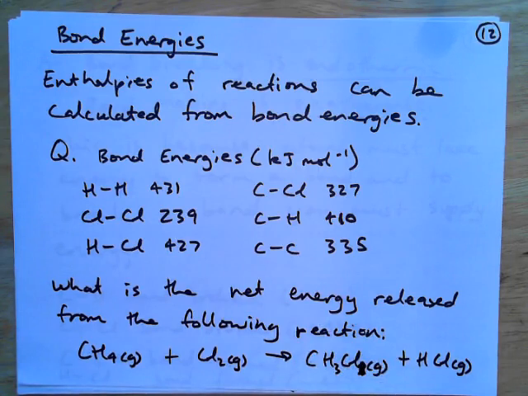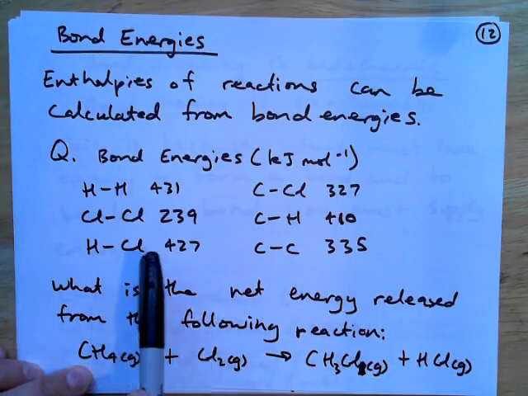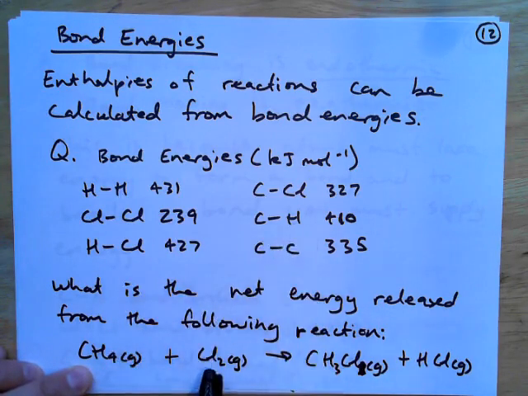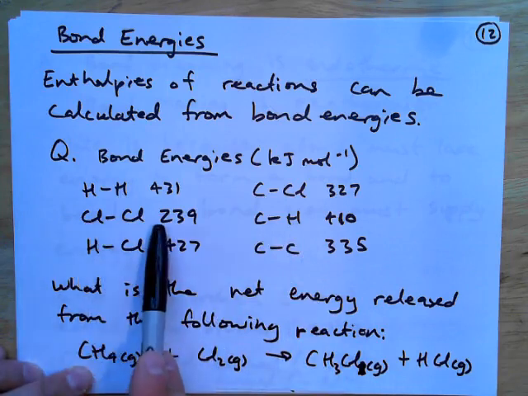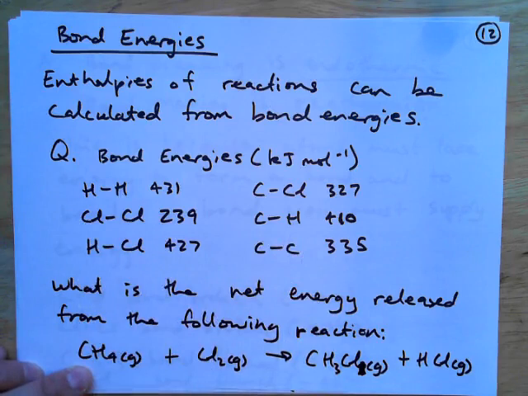So when I'm looking at the way that this is broken up, I'm going to have to consider a CH bond being broken. I'm going to have to consider a Cl-Cl bond being broken, so I'm going to have to consider this energy here. I'm also going to have to consider a carbon. These other 3 hydrogens haven't had any interaction, but I'm going to have to consider the carbon and the chlorine bonding together.